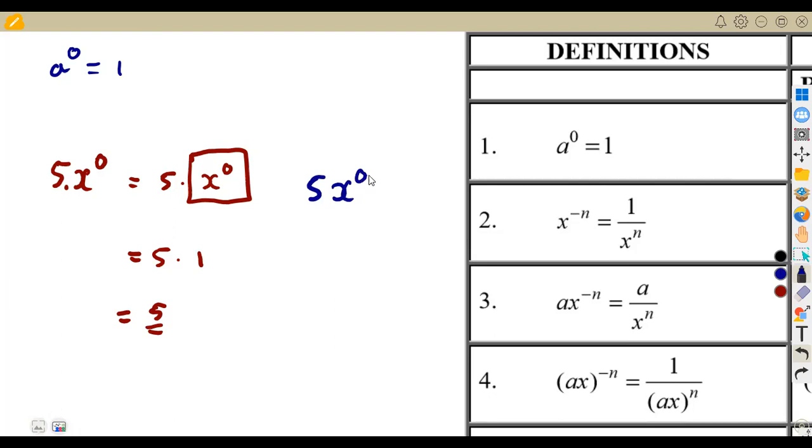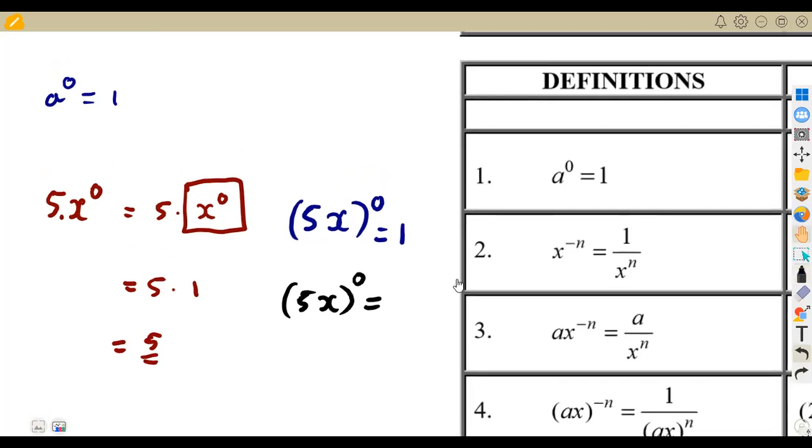5x to the exponent of 0 like this in a bracket. What does it mean here? All right, this one, everything is being raised to everything. So we get a 1. But how can we prove so? All right, let us go back to our laws. 5x, everything to the exponent of 0 like that.